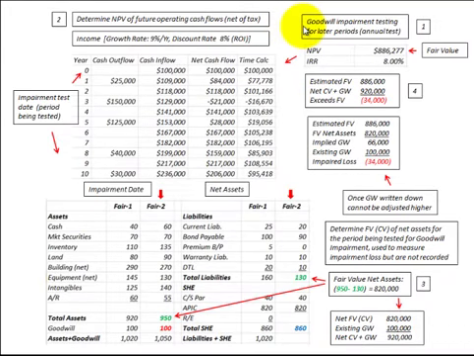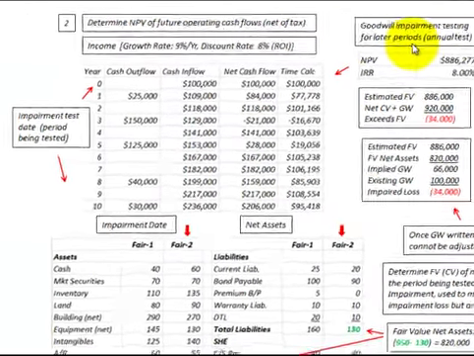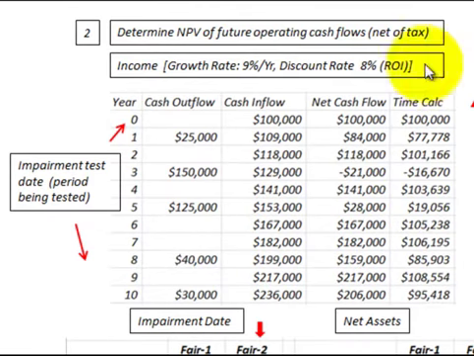Okay, now to determine goodwill impairment testing for later periods, that would be the annual test. So looking at our cash flows here, we'd have to determine the net present value of the future operating cash flows, just like we've done before, but we'd have to base these cash flows on the impairment test date, or the period being tested.